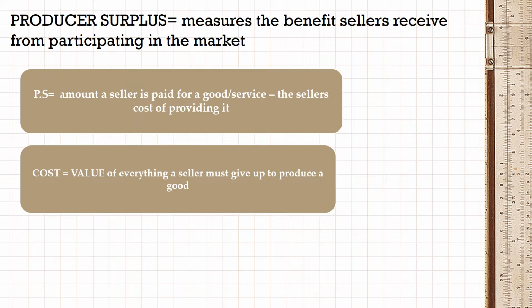So this is the cost, and cost is the value of everything a seller must give up to produce a good. So that's why we say that it's the price producers are willing and able to sell at. Maybe the total cost is 100 rupees, but they don't want to sell it at 100.